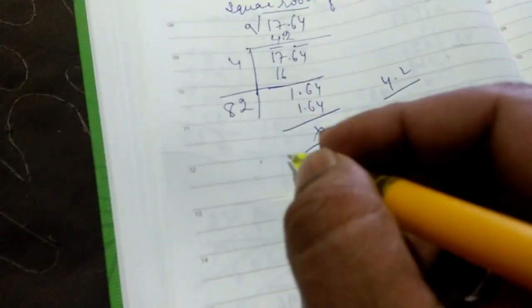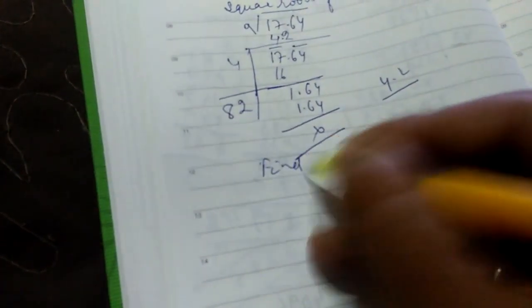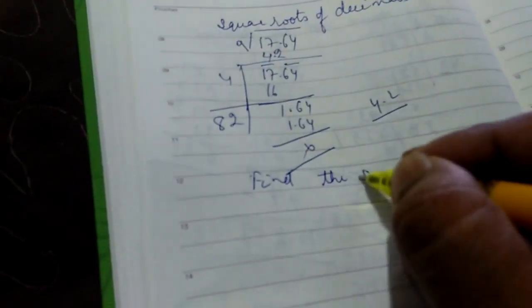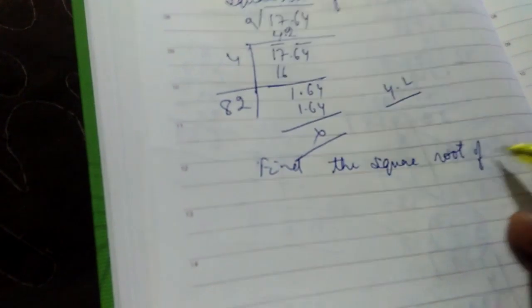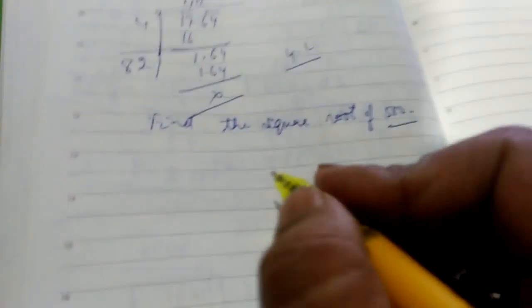Then you might be asked how to estimate a square root. Let's say find the square root of 500. So 500 under root.